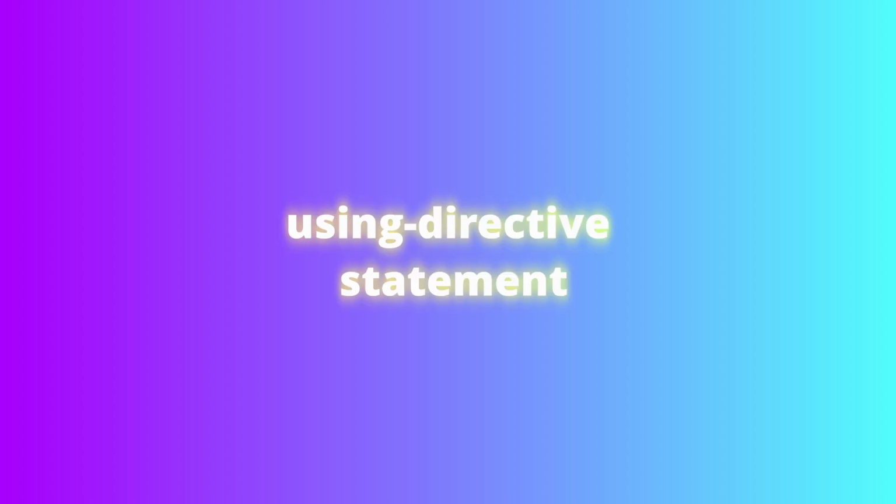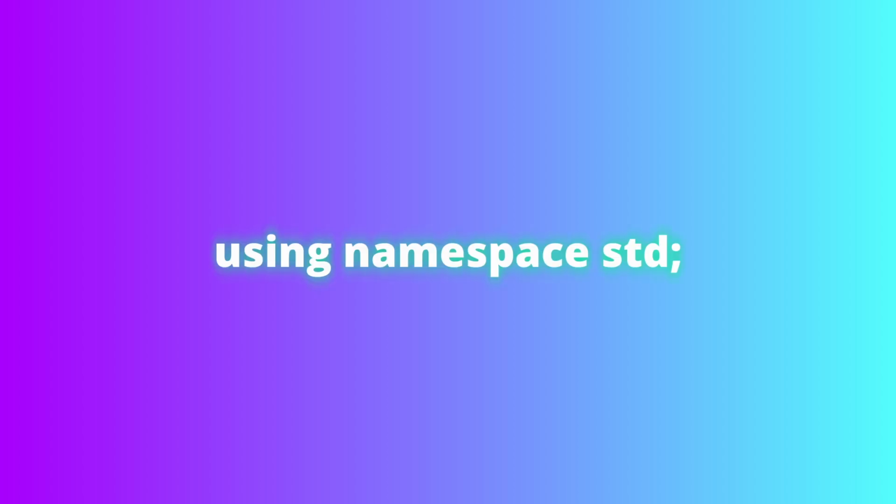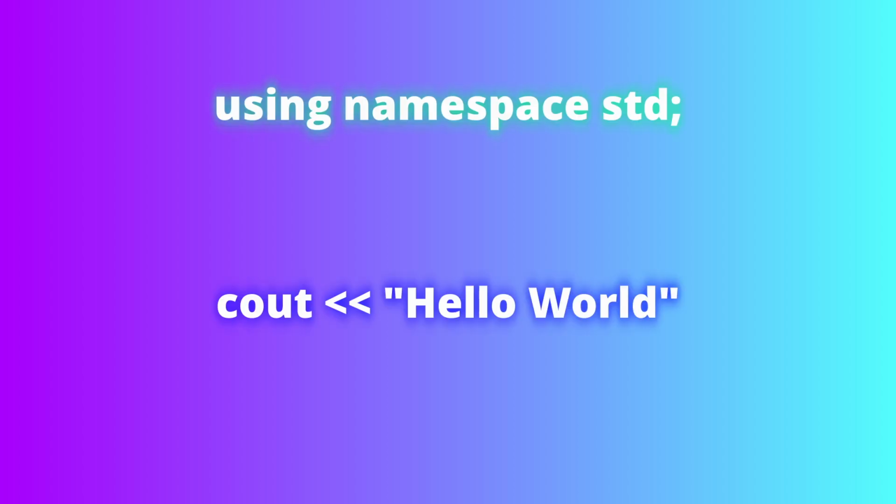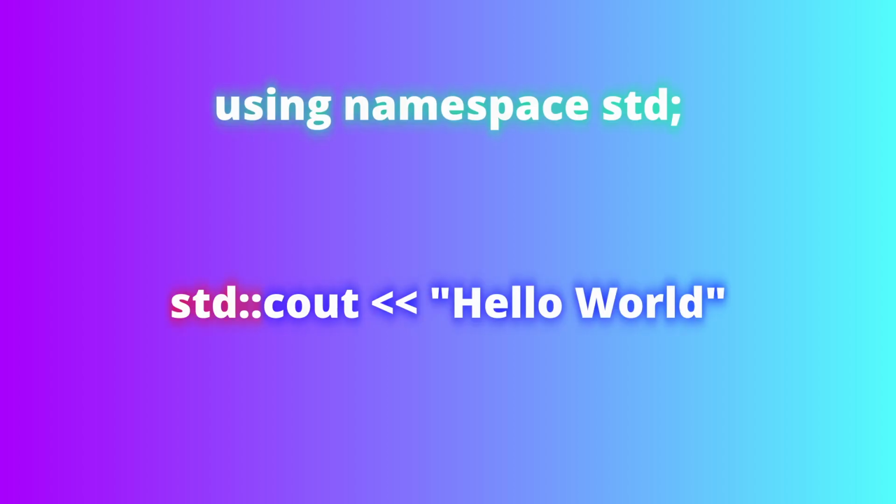Another way to access identifiers inside a namespace is to use a using-directive statement. A using-directive allows us to access the names in a namespace without using a namespace prefix. So in our application, when the compiler goes to determine what identifier cout is, it will match it with std::cout, which, because of the using directive, is accessible as just cout.